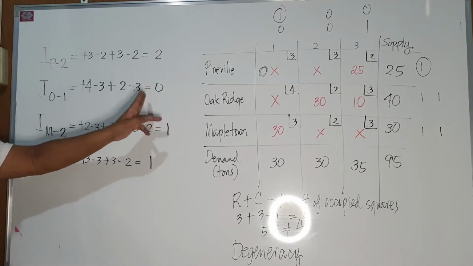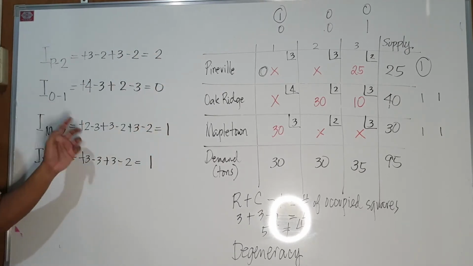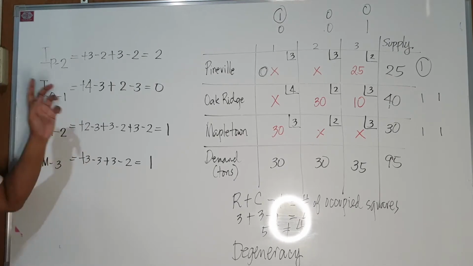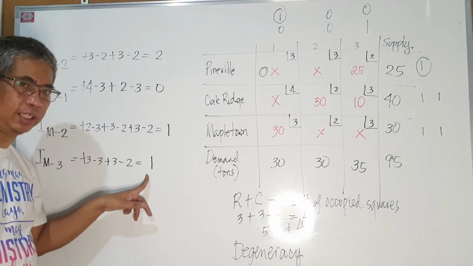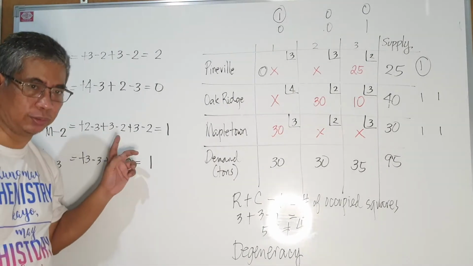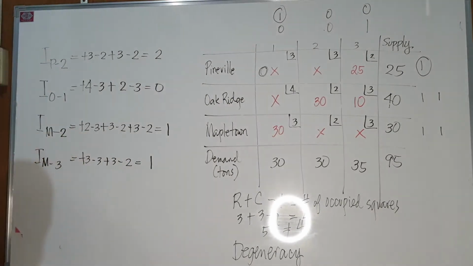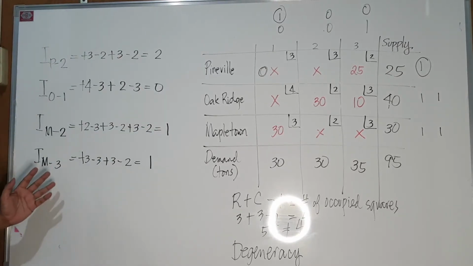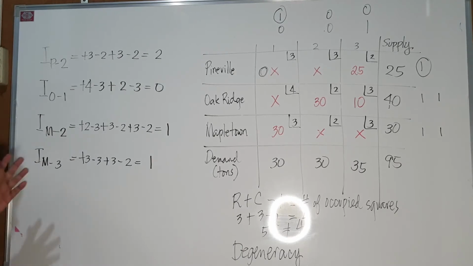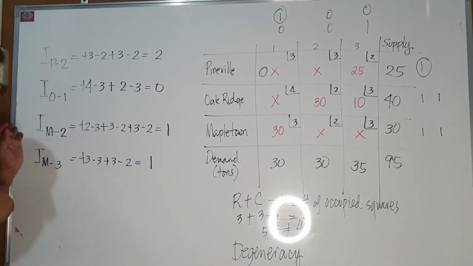If there is more than one, for example this is also 0, that means we have two optimal solutions. Okay? So, this is an optimal solution already, with just one table. So, that's the beauty of Vogel's approximation method.